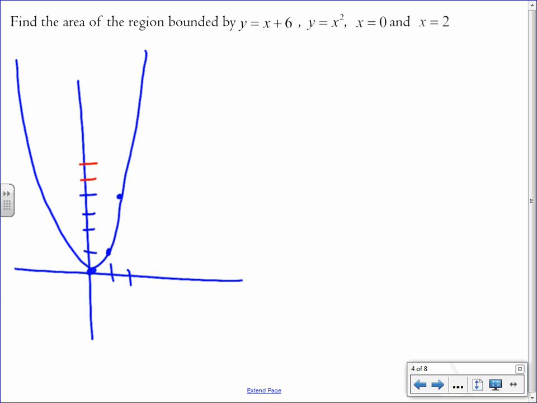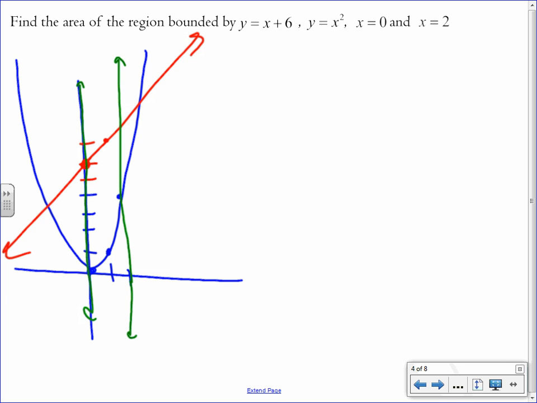We have a y-intercept of 6, slope of 1. And then we want between x equals 0 and x equals 2. So here is x equals 0 and x equals 2. So the region enclosed by these 4 curves is this.